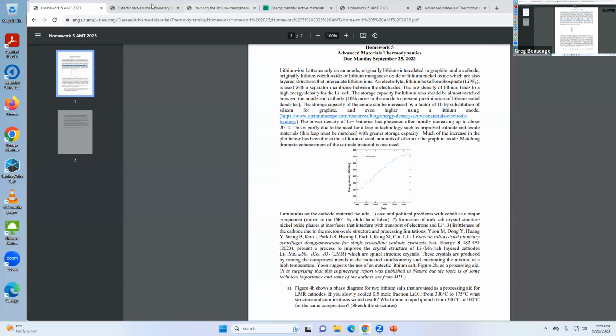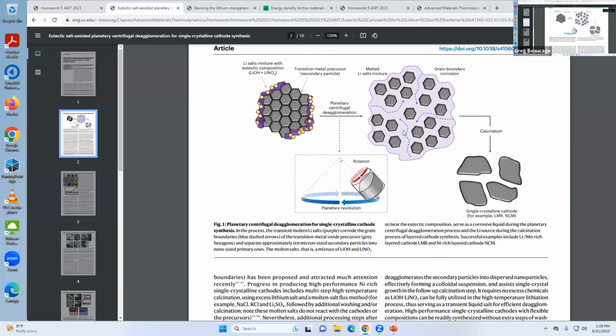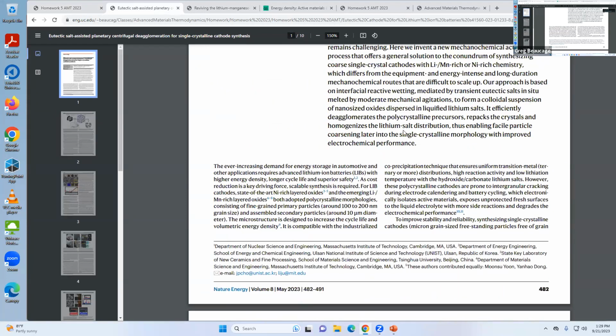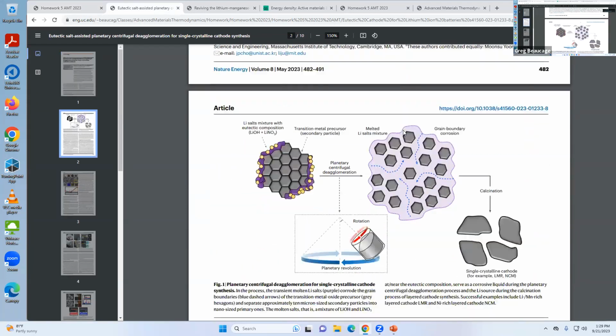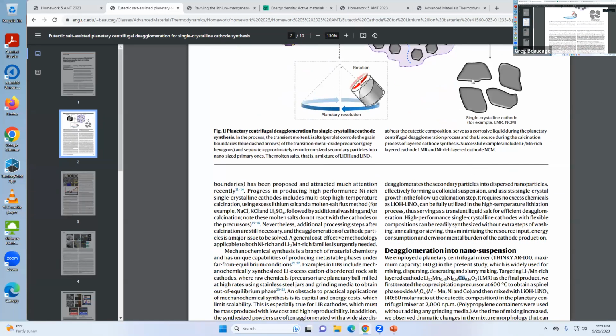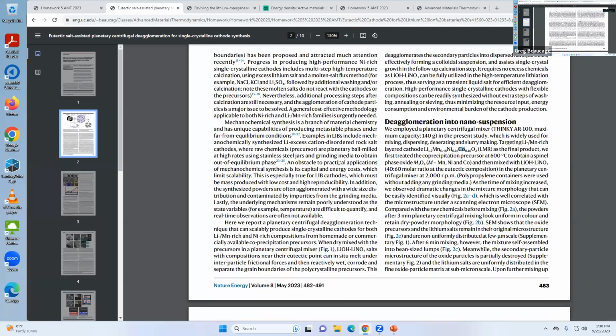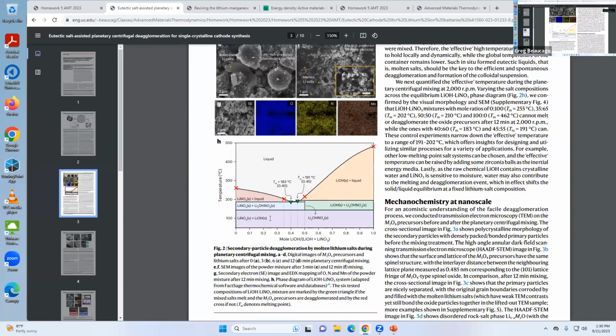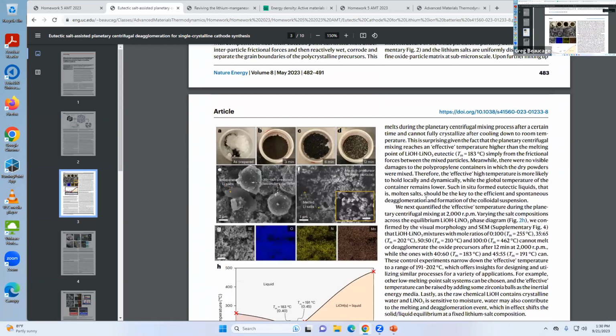All right, so anyway, all they do, they mix it together, and there's problems with it, that it doesn't form the right kind of crystals, either too large or too small. So they want to control the crystal growth in this thing. And to do that, they add this salt, right? So they're mixing this in something called a planetary mixer.